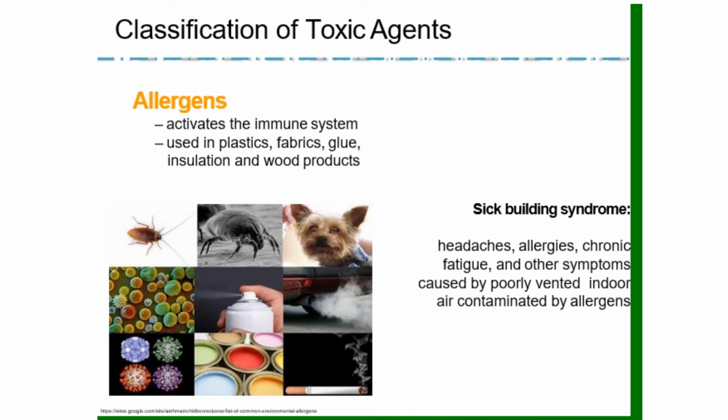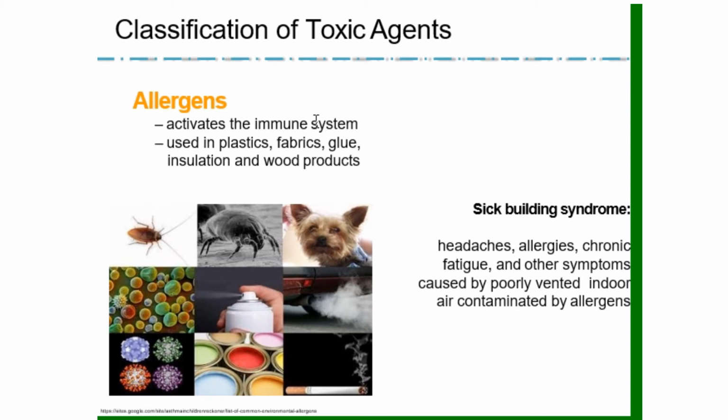Another we have here, these are now the classification of the toxic agents. So first one we have allergens. So allergens, by definition, technically came from the word allergic reaction. So it activates the immune system. Immune system, if you are familiar with this one, since many of the webinars nowadays are talking about how to boost our immune system in order for us to combat coronavirus.